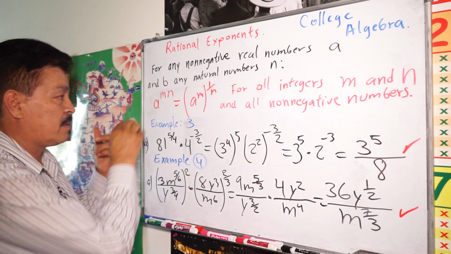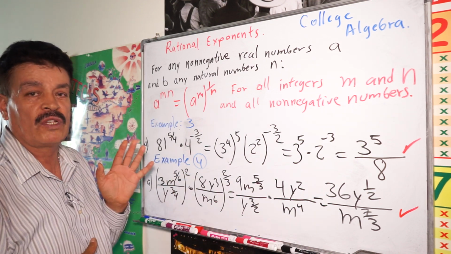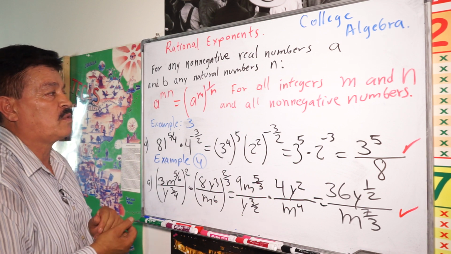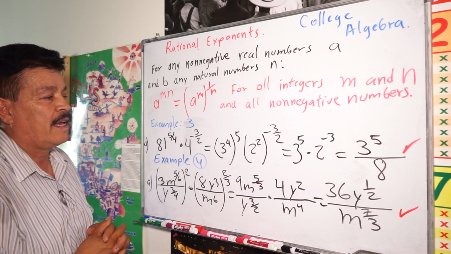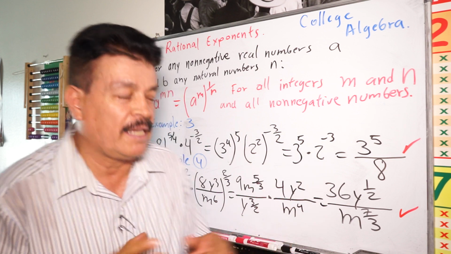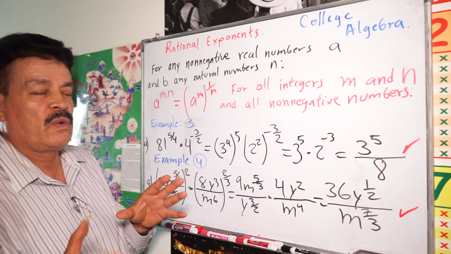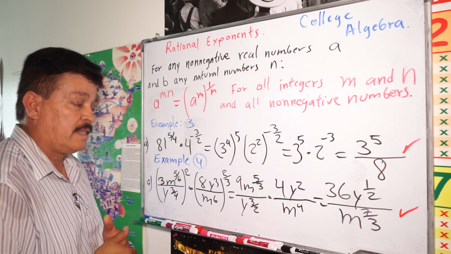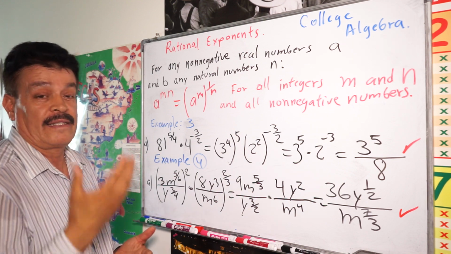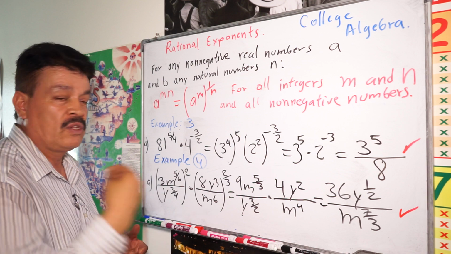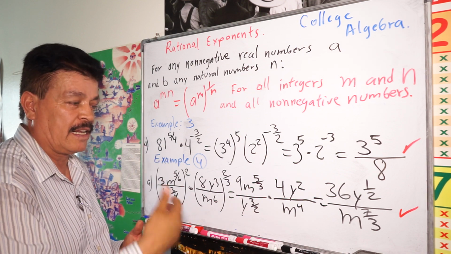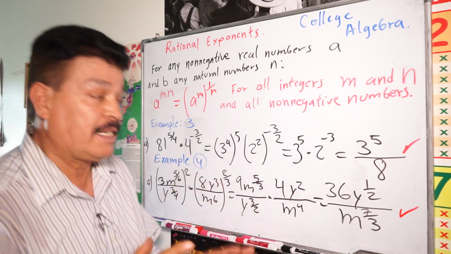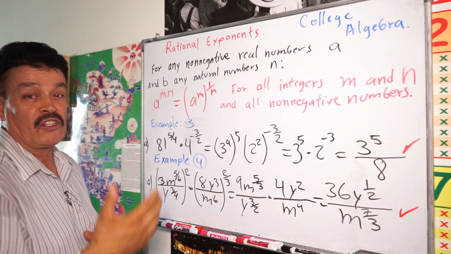But remember, you need to keep in mind some exponent rules. Some exponent rules you have to memorize, or just practice. You are going to be able to learn once you practice the problems. Just do it again and again, and you will be a master in mathematics. So thank you so much for watching.